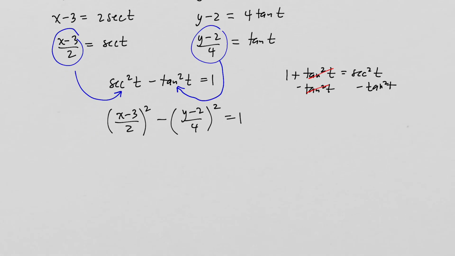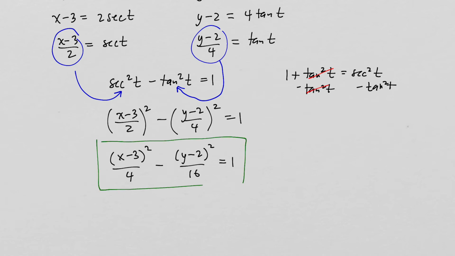And if you write this a little bit differently, we can say (x minus 3) squared over 4 minus (y minus 2) squared over 16 is equal to 1. And this is the rectangular equation that describes the same set of points.